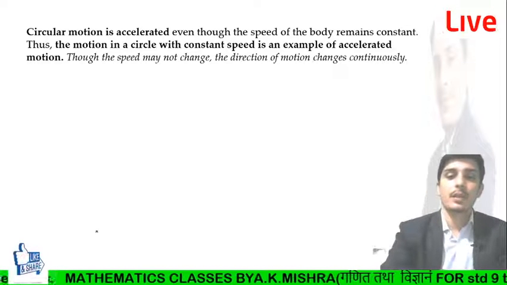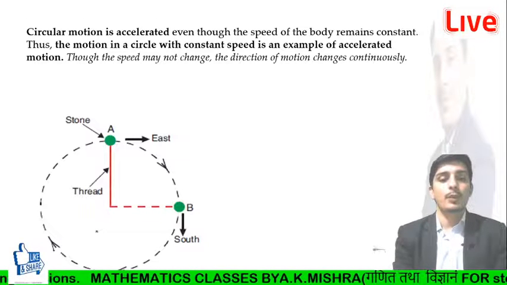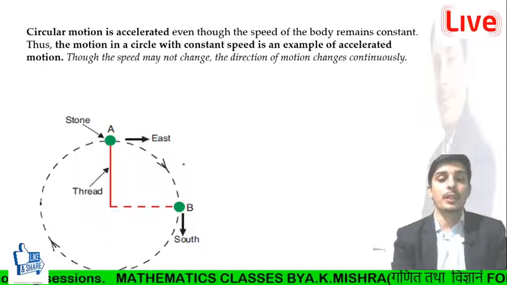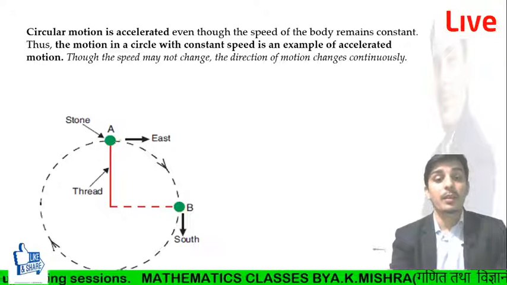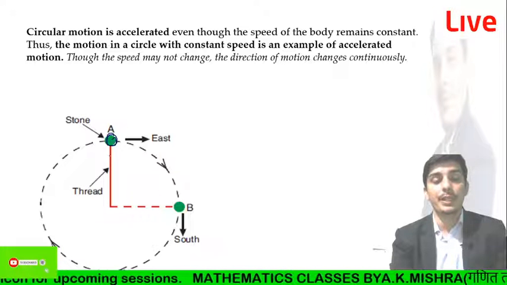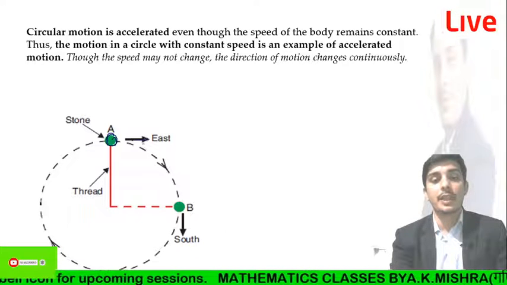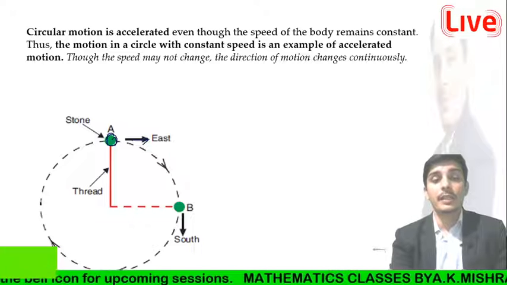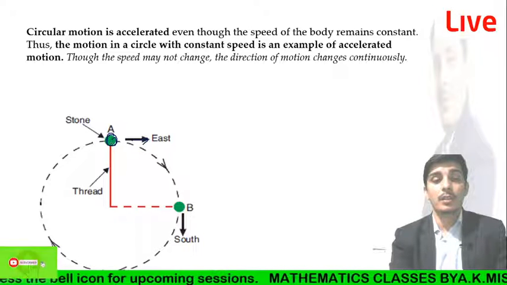Now you can check the example and understand better through this figure. When an object is placed at point A, its direction will be east, and this is the thread.